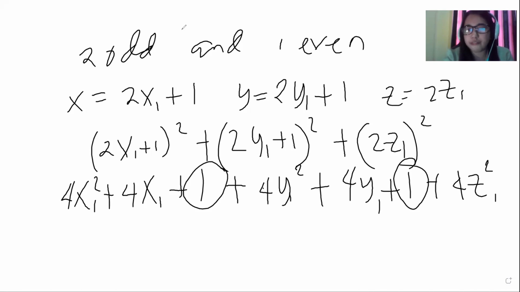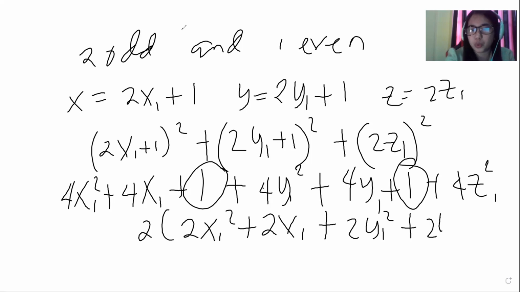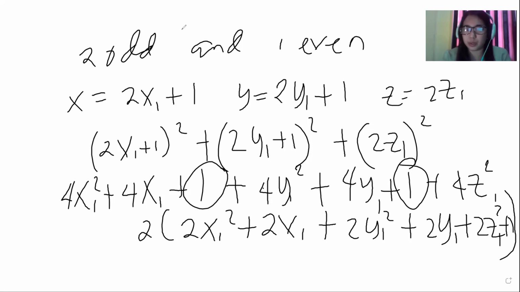And then we can factor out 2. If we factor out 2, we have 2x sub 1 squared plus 2x sub 1 plus 2y sub 1 squared plus 2y sub 1 plus 2z sub 1 squared plus 1, because 1 plus 1 is equal to 2, so if we factor out 2, then we have plus 1 retained inside.